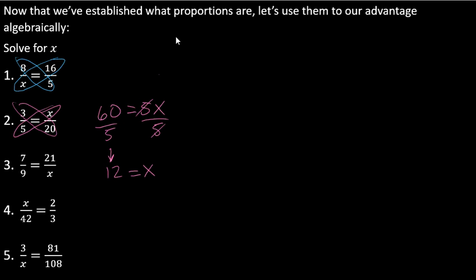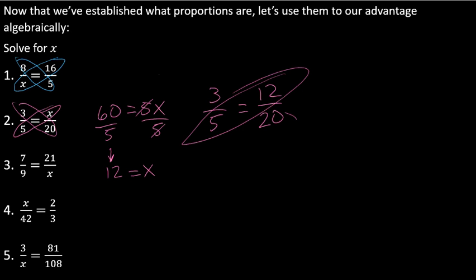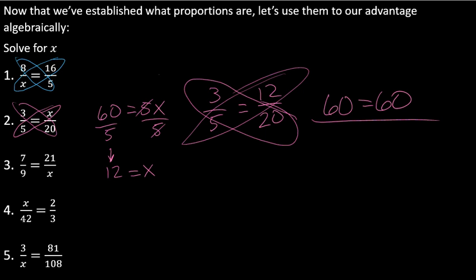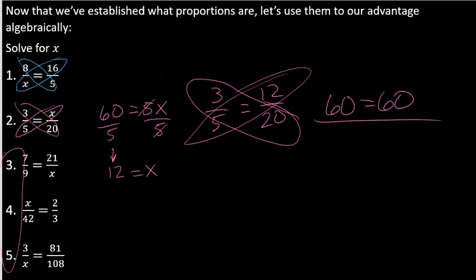And again, we can check our work by plugging back in, just like we did on number 1. So 3 is to 5 as 12 is to 20. All you would have to do is cross multiply just like you did before. 3 times 20, 60. 5 times 12, also 60. And again, I'm going to leave 3 through 5 as an exercise for you to do.